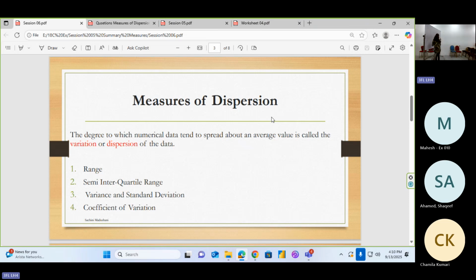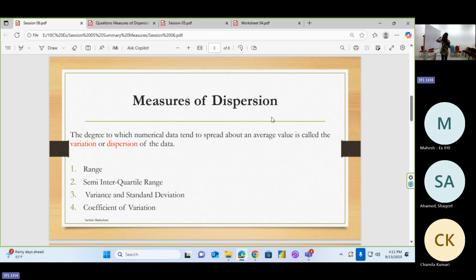We assume this is the central point in this data set. We find out the X bar value, the central point. Then what are the measures of dispersion? The degree to which numerical data tend to spread about an average value.